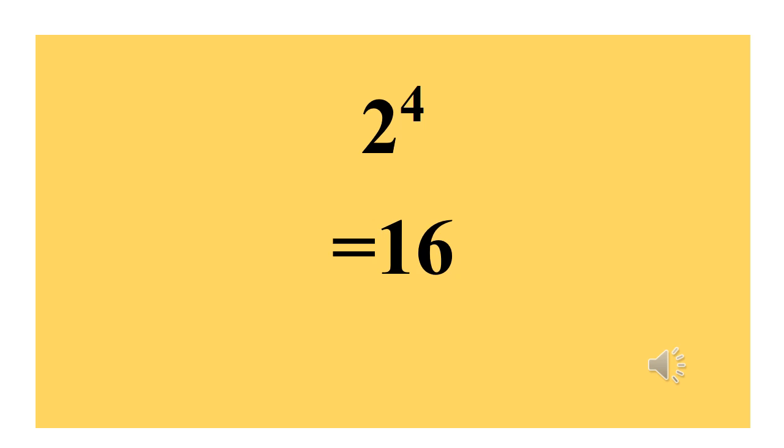So from here we have 2 raised to power 4, because the 2 raised to power 2 raised to power 2 raised to power 1 will give us 2 raised to power 4, and that will give us 16. That's the answer to the first question.